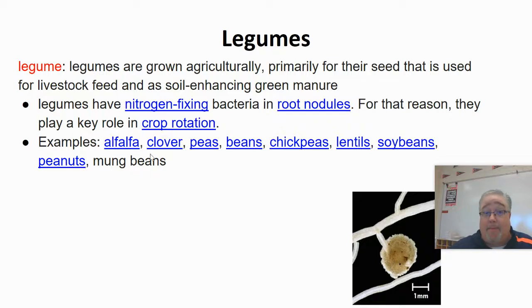These are some examples of legume plants, things like soybeans and alfalfa. These are loaded with those soil bacteria that will help convert nitrogen into ammonia and then eventually into nitrate. So these are plants that farmers love because they naturally produce a lot of nitrogen for their crops.